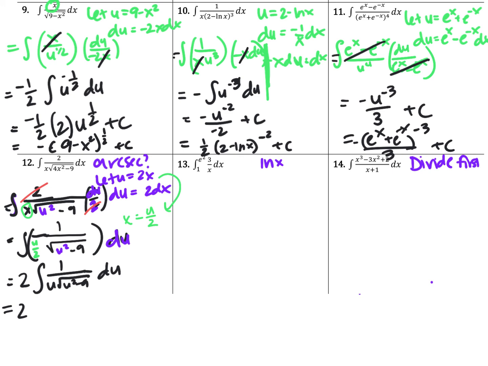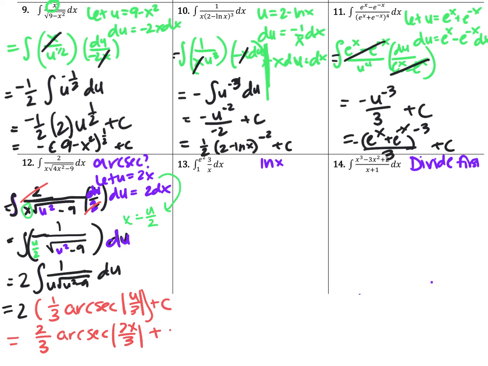When I integrate to get arcsecant here, we're going to get 1/3 times arcsecant of the absolute value of u over 3 plus c. And actually, I'm going to put the plus c on the outside. So now I'm going to put what I know u is. U is 2x. I'm going to put that back in, and I'm going to multiply my 2 through. 2/3 arcsecant of the absolute value of 2x over 3 plus c.